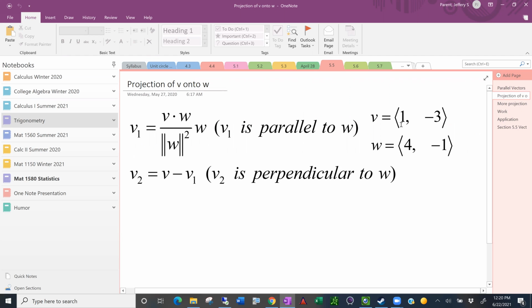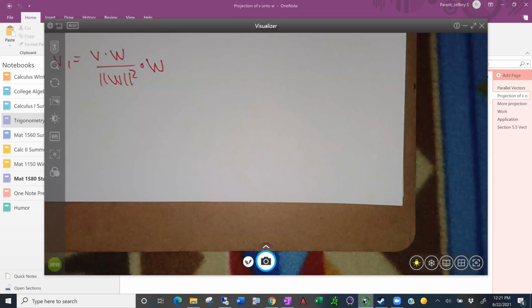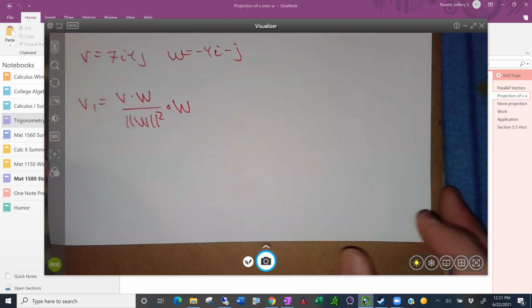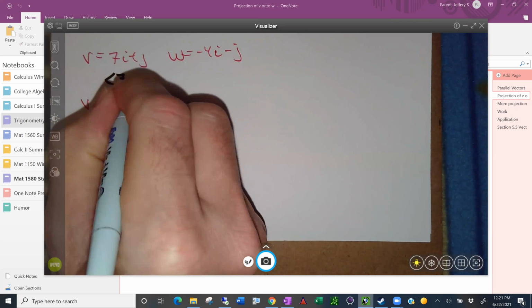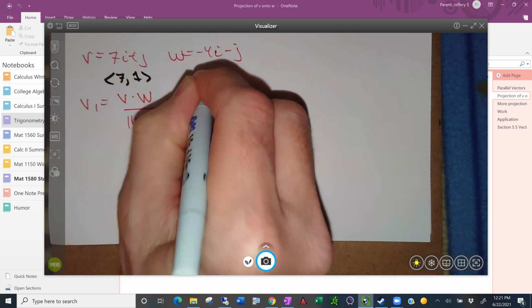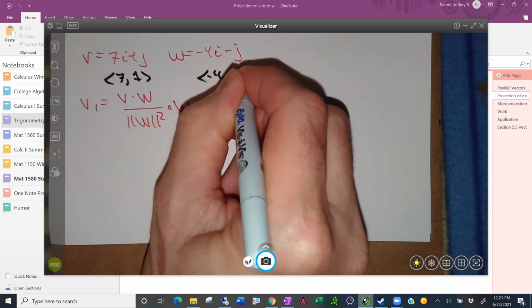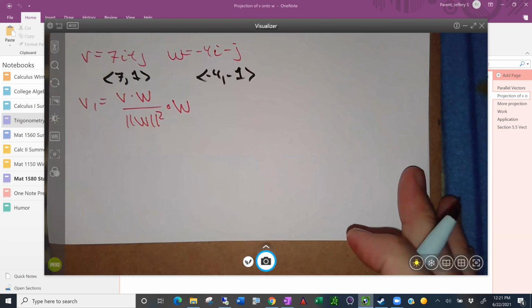V1 equals V dot W divided by the length of W squared times W. All right, so that's going to be our V1. Let's do some calculations. Now for my vectors V and W, kind of like the last one, I'm going to write this as 7, 1 and -4, -1. I just like it in that format better.